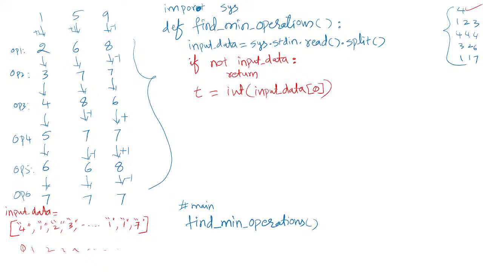So the first value it reads, this 4, will be stored in t, because you have to repeat a loop for reading each test case. For that you need to store this one.